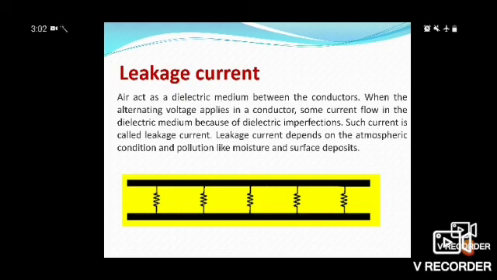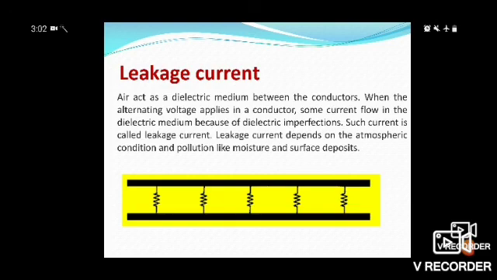And what is leakage current? Whenever we use a transmission line, the air acts as a dielectric material between the conductors, and when an alternating voltage is applied across the conductors, some current flows in the dielectric medium.